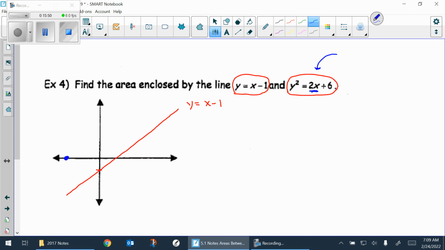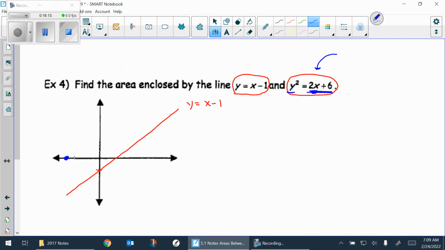What if I put in x is, let's see, what's going to be a nice perfect square? X is -2.5. We have -5 plus 6, that's 1.